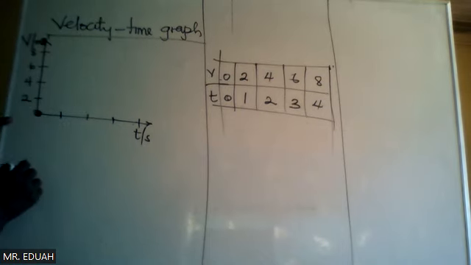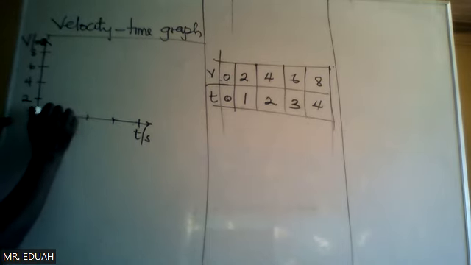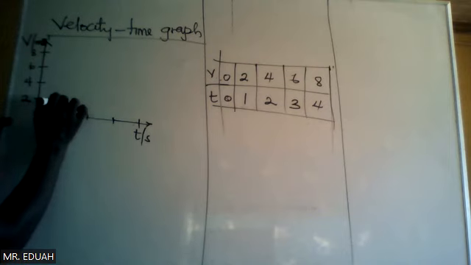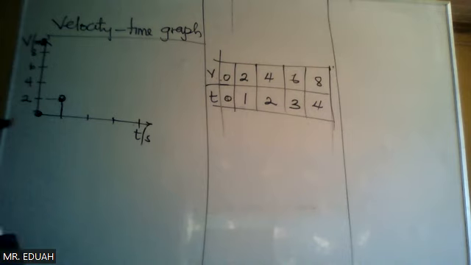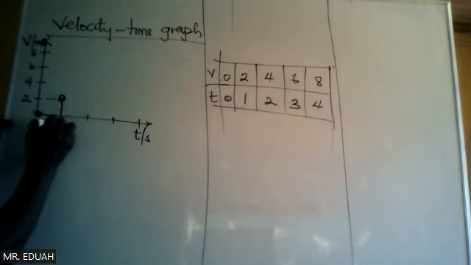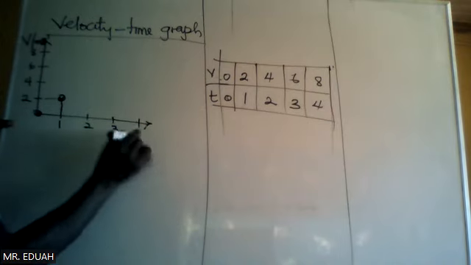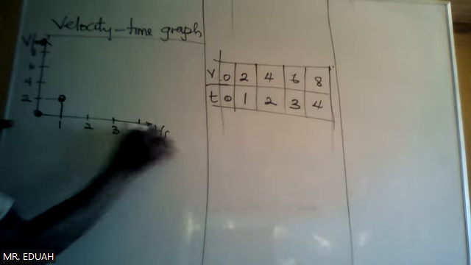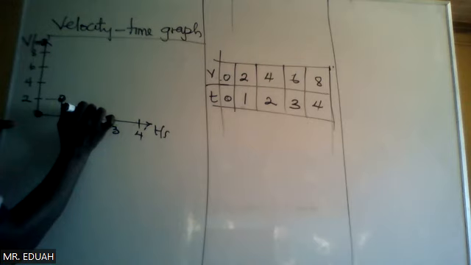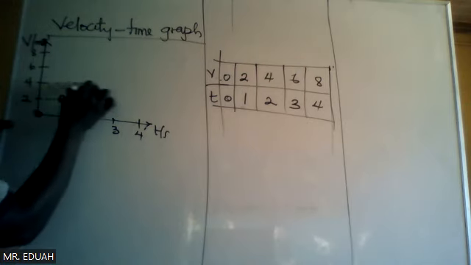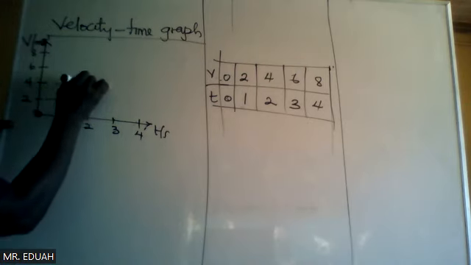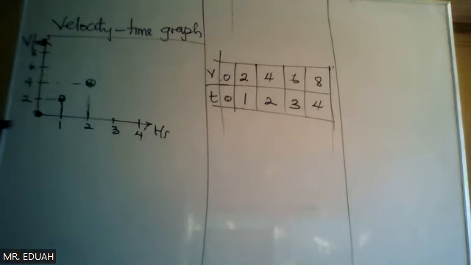At time t equal to 1, the velocity or speed of the body is here, 2. Time t equal to 2, the velocity of the body is this.